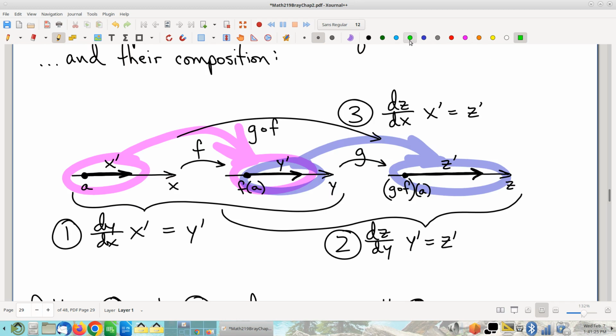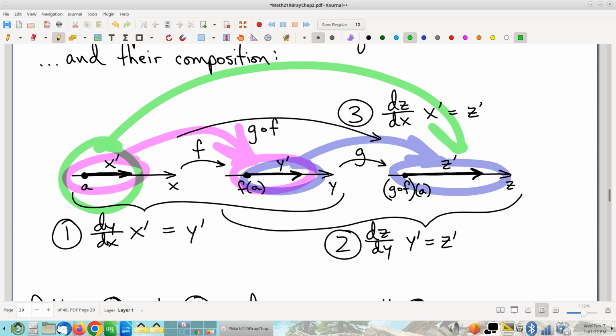And so this overall factor, the derivative of the composition, is the product of those two individual derivatives.